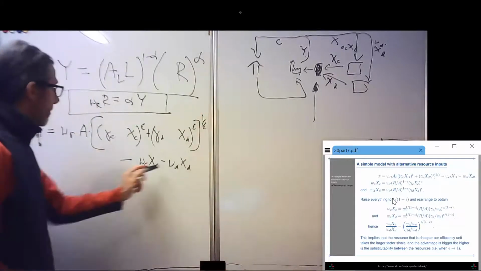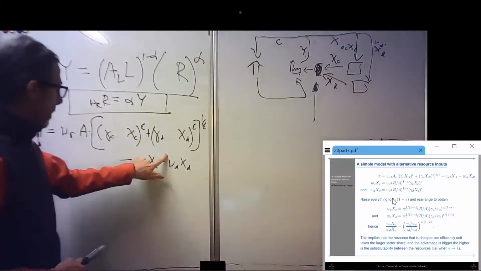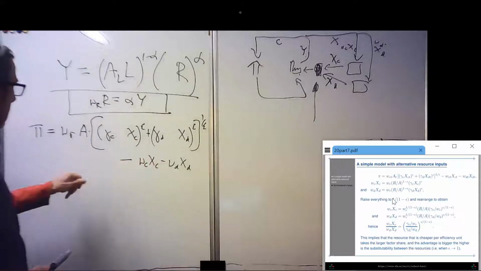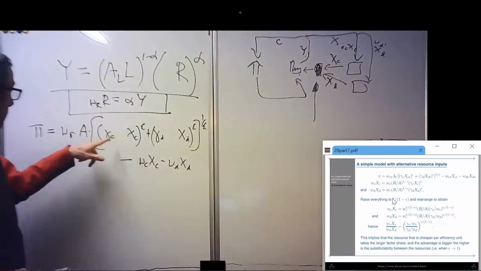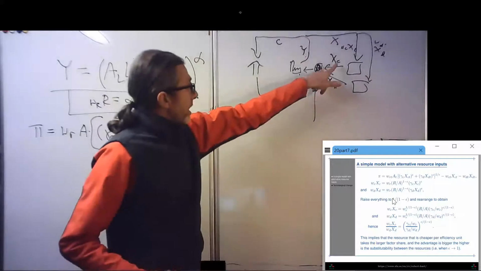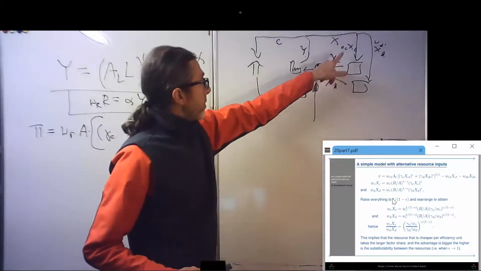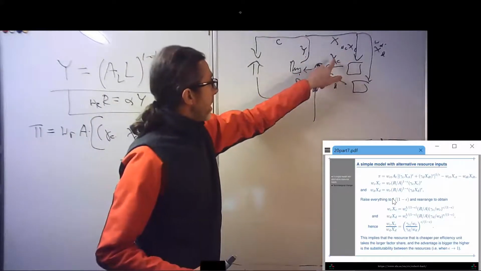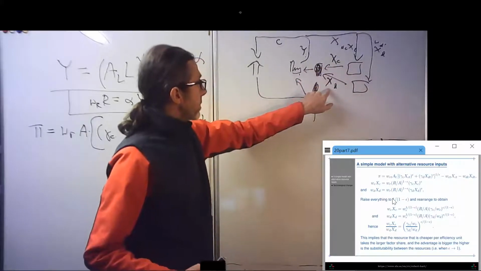So given this, we take the first order condition, assuming the prices are exogenous, deciding how much of XC and XD to buy in.